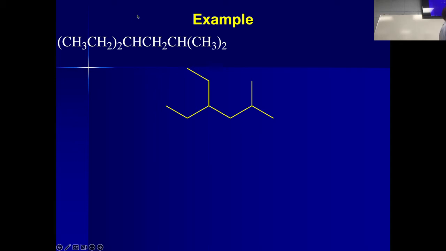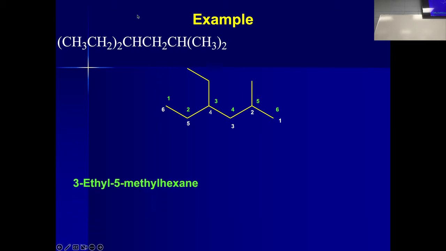What are the substituents? There's an ethyl and a methyl. So I know this is going to be some type of ethyl methyl hexane. All right? So I can number from left to right, or I can number from right to left. I've got the green numbering system, I've got the white numbering system.